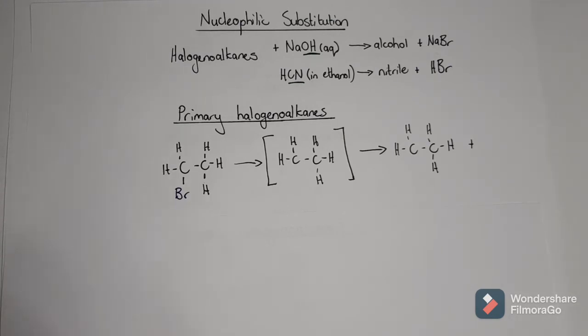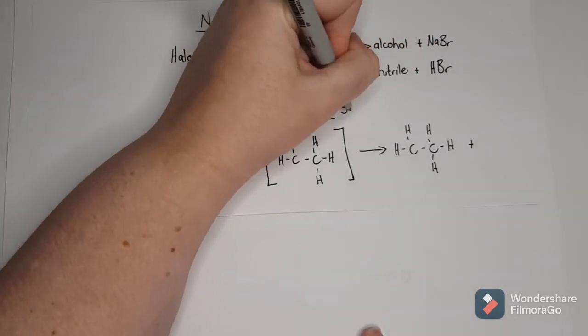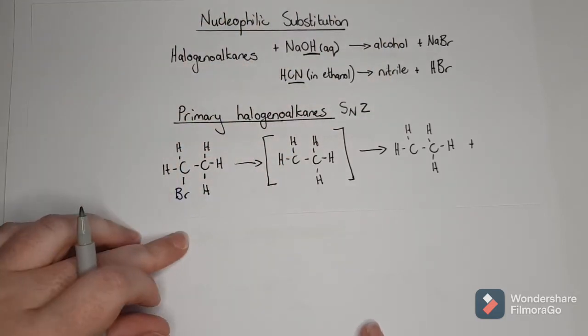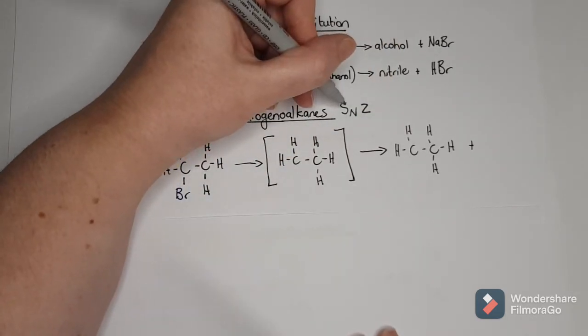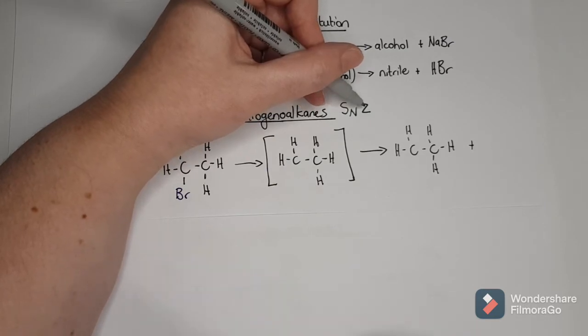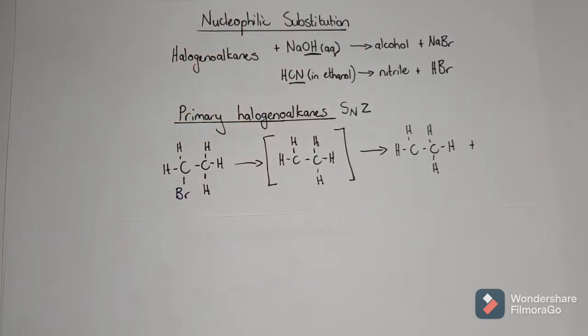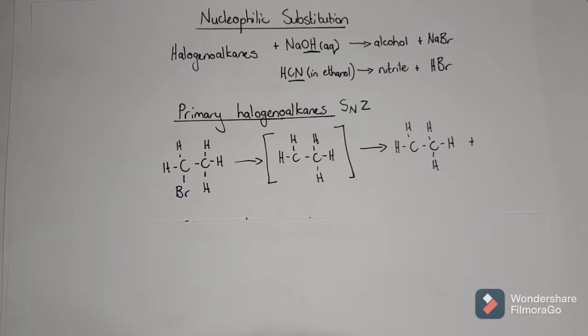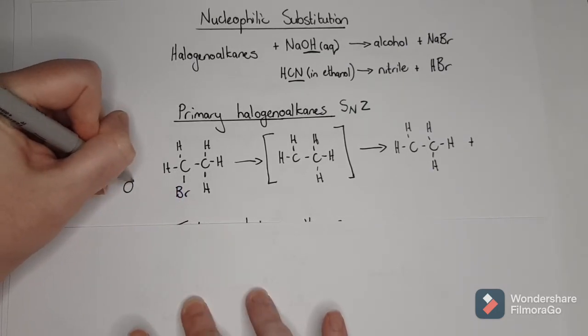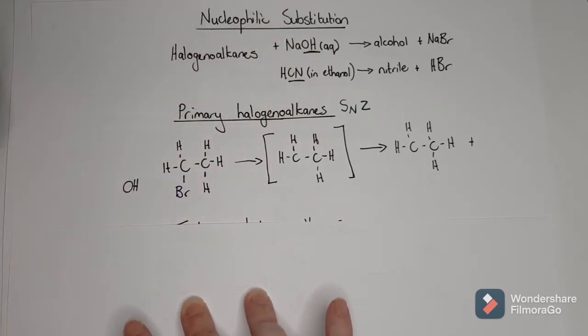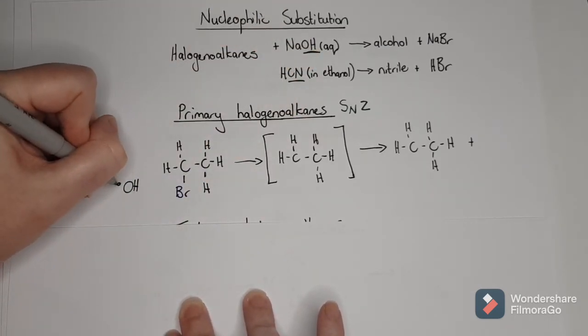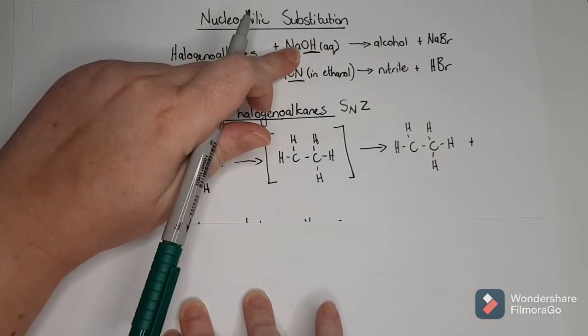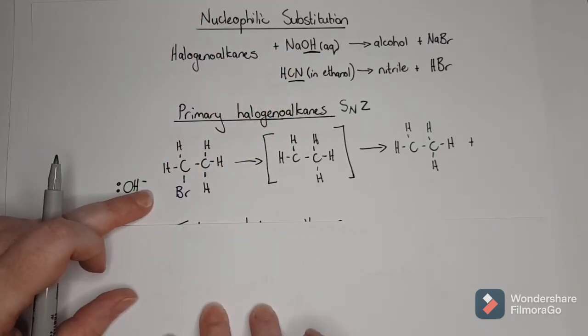that primary halogen alkane nucleophilic substitution we call the SN2. S for substitution, N for nucleophilic, and 2 represents the rate of reaction. So this is the SN2 mechanism. And what is going to happen is I'm going to have my halogen alkane, and coming along, I'm going to pick OH, but it could also be CN, and it has taken both electrons when it broke away, and it has a negative charge.